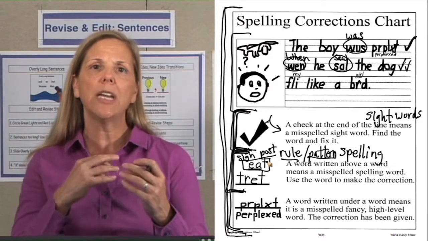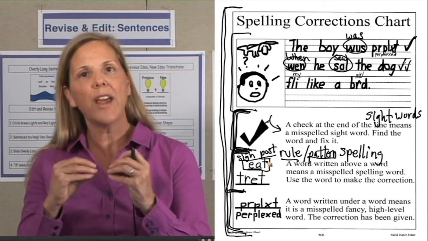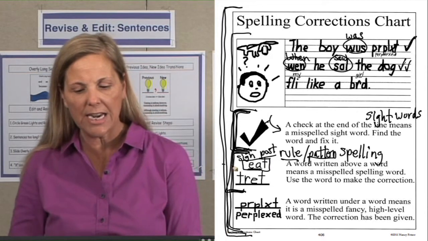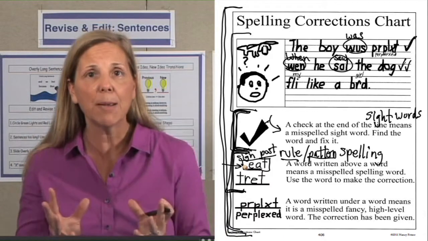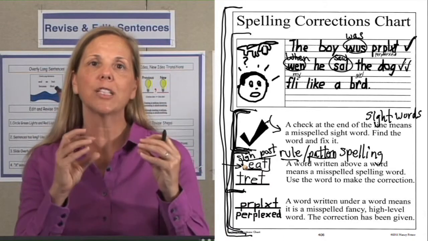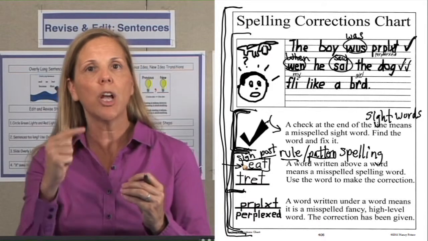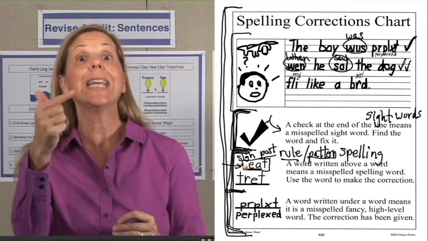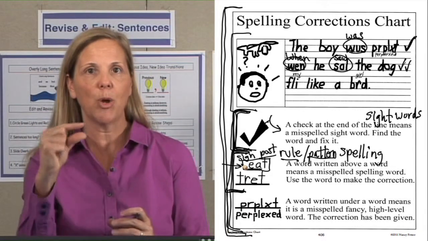And instead of just putting EA there, I like to put a signpost word, a word that's very familiar. Like for instance, with EA, I use the word eat. All the students know the word eat. It's a very simple word for that pattern. That's my signpost word that I'm going to keep so that the children know, oh, team, that's like eat. It has the EA. So they make the connections with a signpost word.